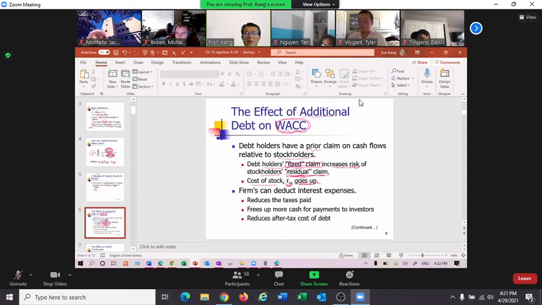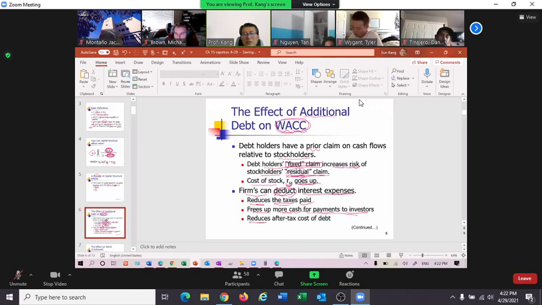But firms can deduct interest expenses, so that reduces the taxes paid, right? This deduction frees up more cash flows for payments to investors, right? Because of the tax savings, there is more cash for payments to investors.